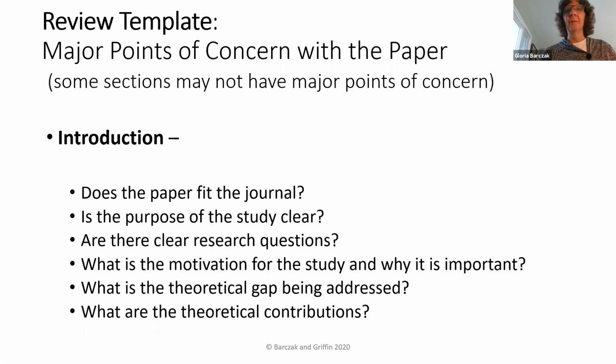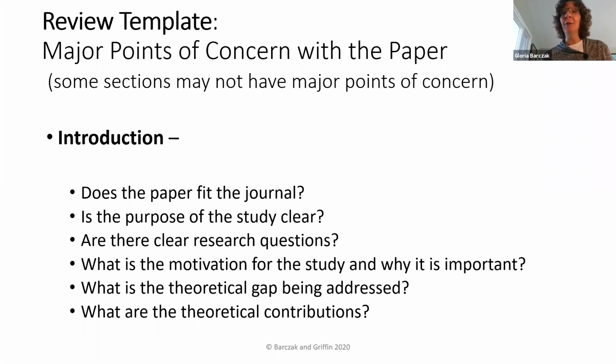I will tell you that in my experience as an editor and a reviewer, every paper has issues with the introduction in the first round. There are always issues about positioning, about motivation, about contribution. And sometimes there are no research questions, and Abbie's a real stickler about research questions, and other people are too.